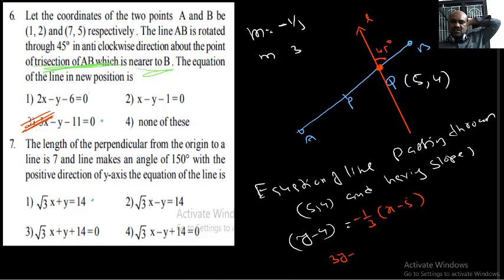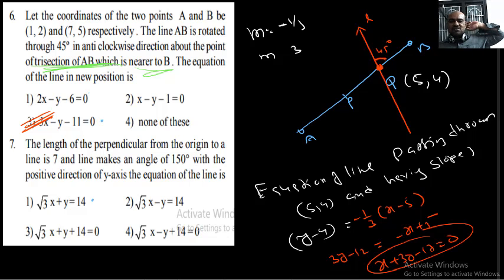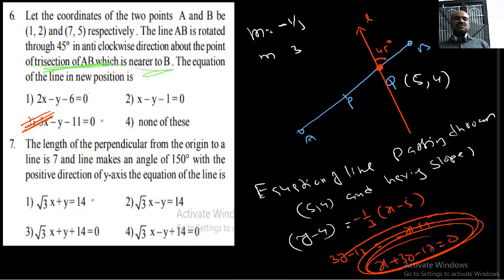So 3y minus 12 equals minus x plus 5, or x plus 3y minus 17 equals 0. This also will satisfy, but such a line is not given here. So directly I can say that 3 is the correct answer for the problem.